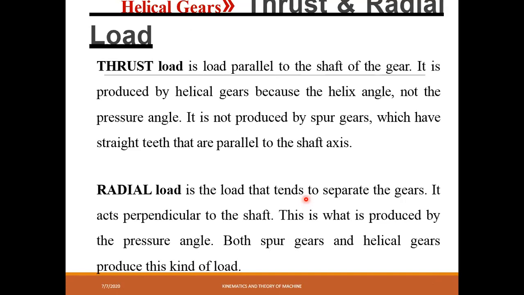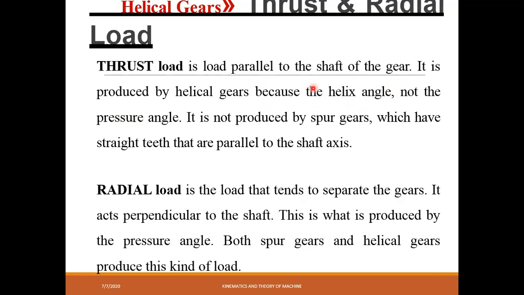Because of the helix angle, the load generated on the gear is directly transferred to the shaft, so thrust load is produced on the shaft.